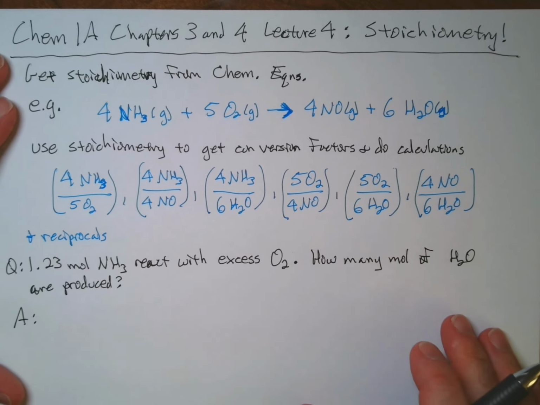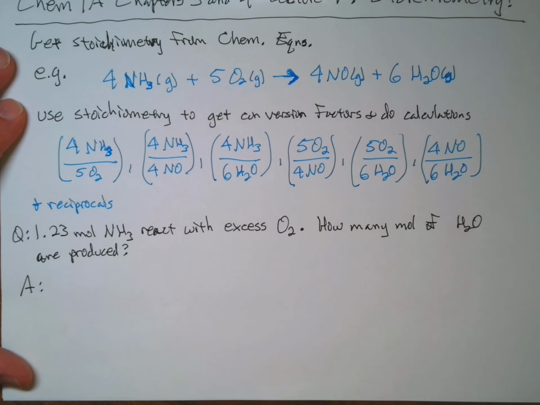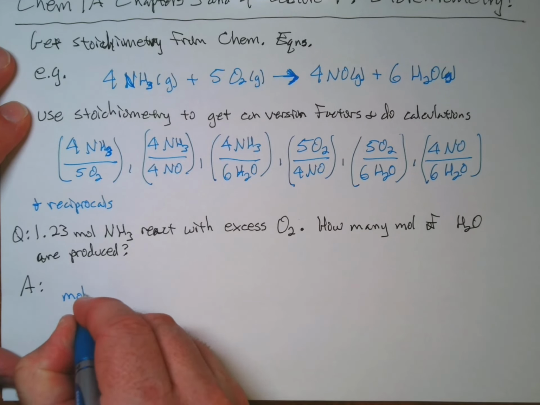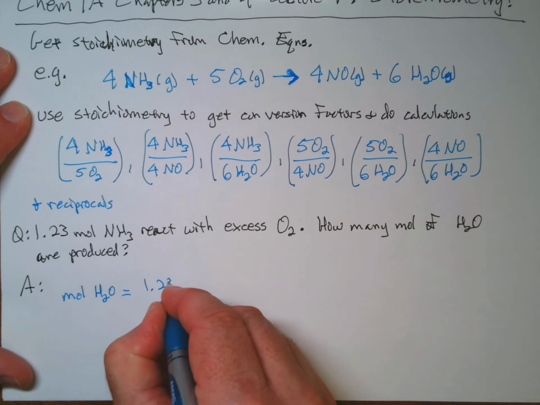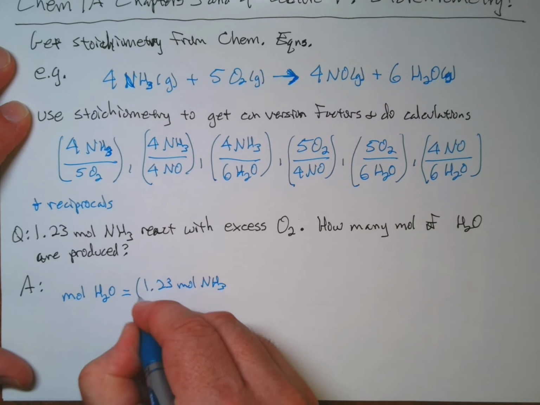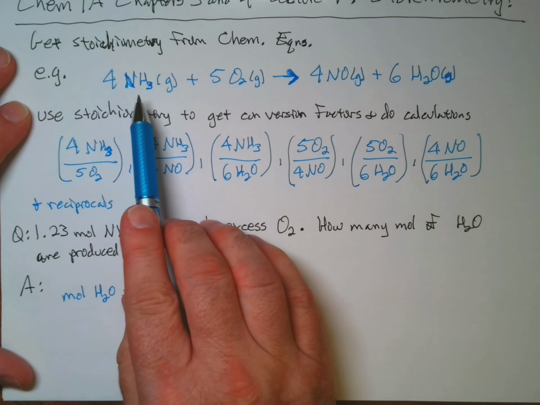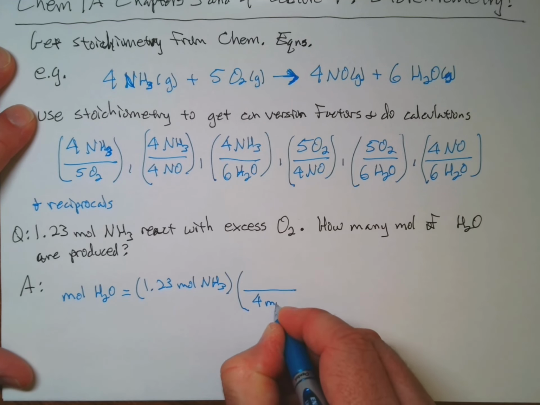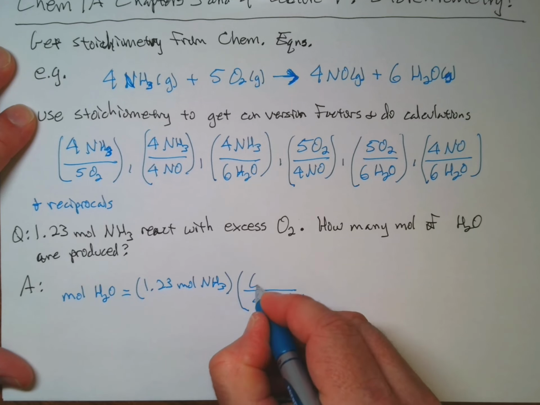So let's look at what the answer is going to be. We want to get moles of H2O. And we know we have 1.23 moles NH3. And we'll use our conversion factor that we get from the equation: 4 moles of NH3 per 6 moles of H2O.